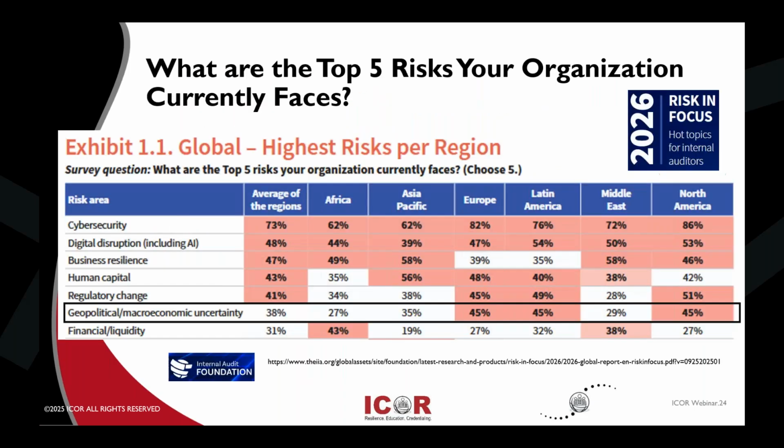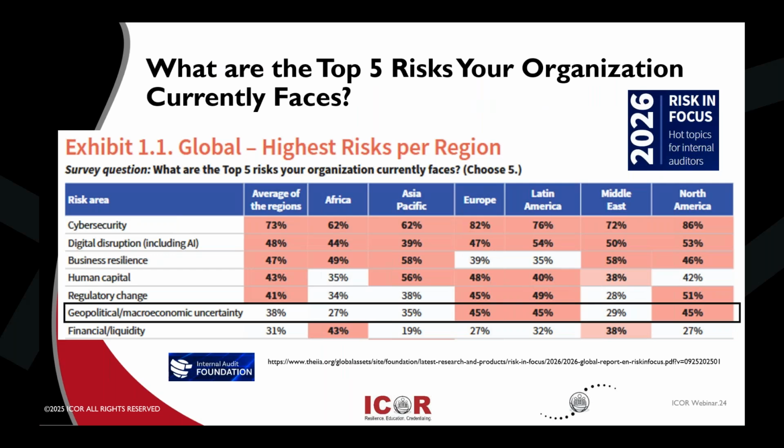So I also found it really interesting that the Institute of Internal Auditors was looking at risk. Not that they shouldn't be looking at risk, but they found that geopolitical macroeconomic uncertainty came up as number 6 when they did their annual survey of the top 5 risks that their organization faces.